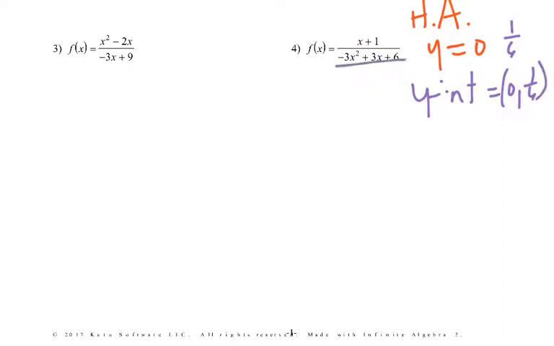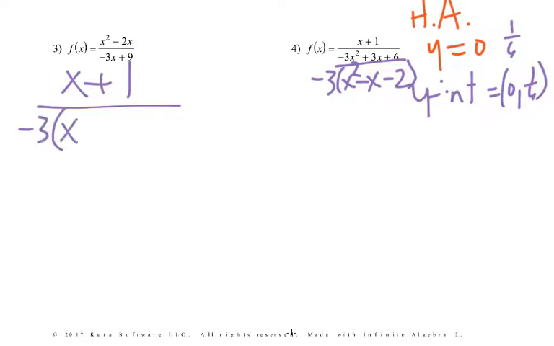Okay, then we see if we can simplify. So I can pull out a -3, so we'd have x plus 1 over -3 times x squared minus x minus 2.